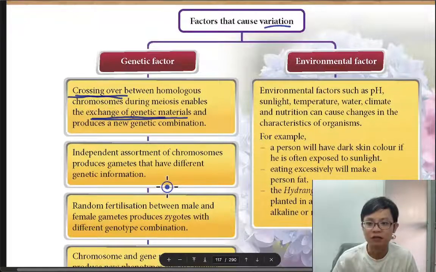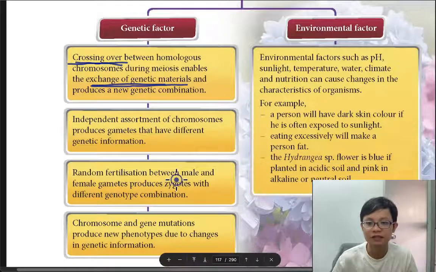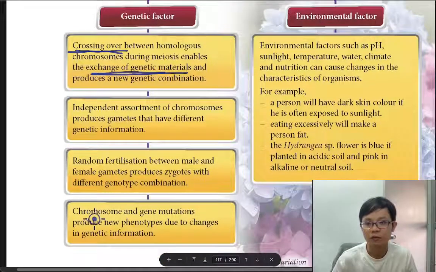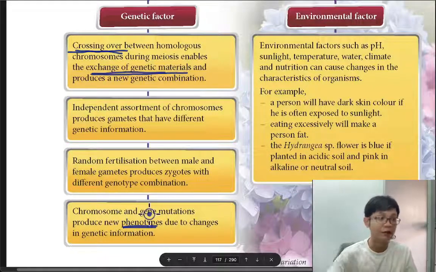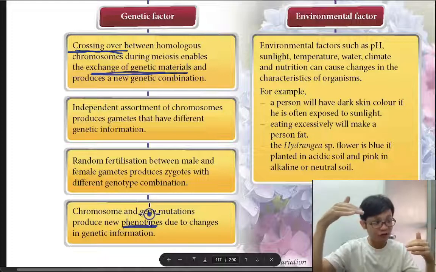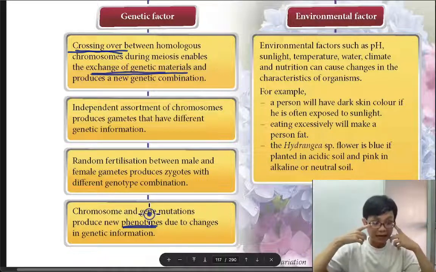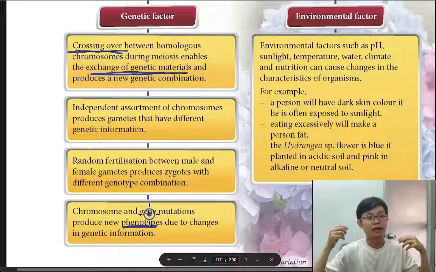Independent assortment of chromosomes, random fertilization between male and female produce the zygote. Chromosome and gene will then produce a new phenotype due to the genetic information. So we have phenotype, we also have genotype. Tall and short, that is the phenotype. Black eye, blue eye, that is a phenotype.